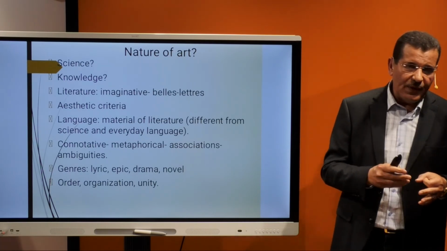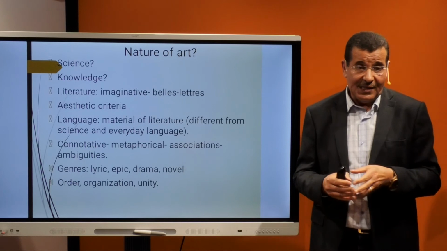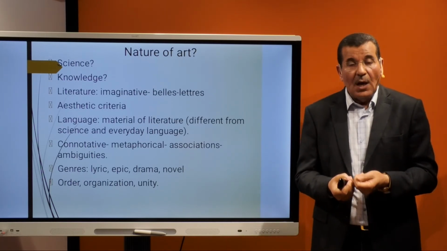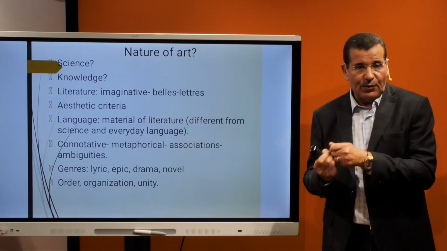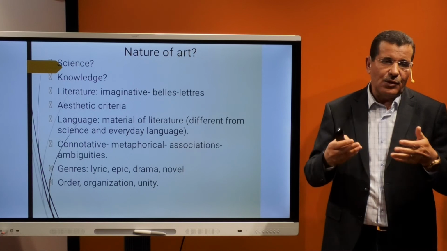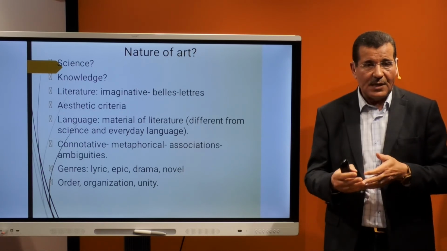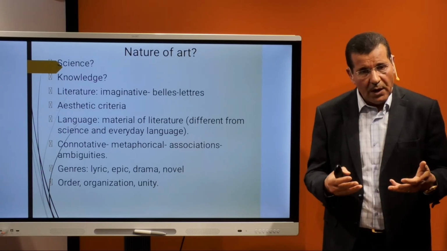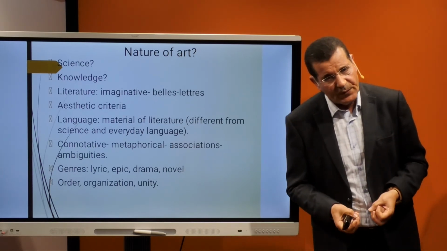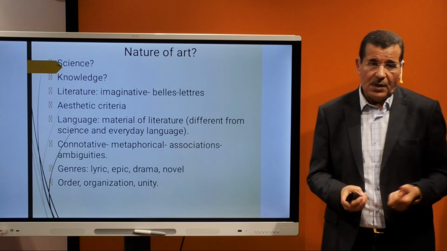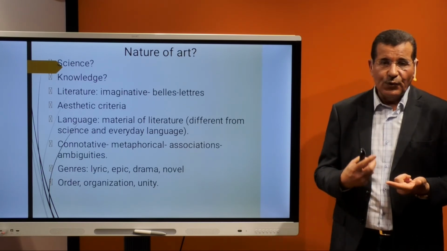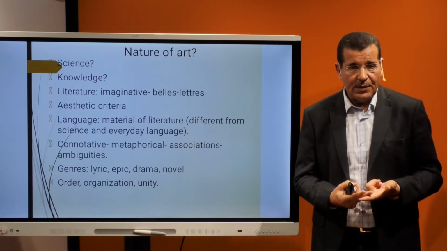And the tool of art and literature is language. Language, of course, is the material of literature. And this language, of course, is different from science and everyday language. When we take a piece of text and we read it, we can distinguish if it is science or art. Why? Because the language of arts and literature is different from that of science, because it is connotative, metaphorical, full of associations and ambiguities.